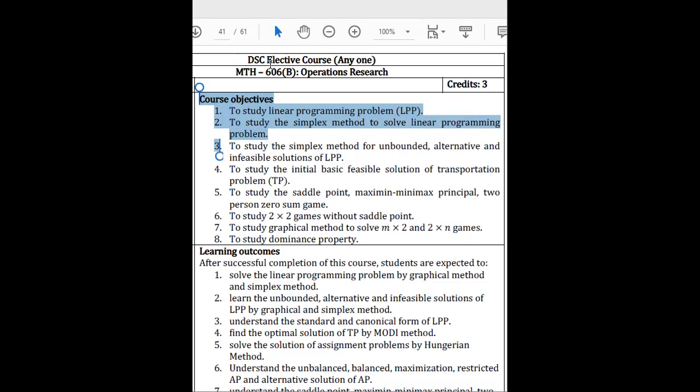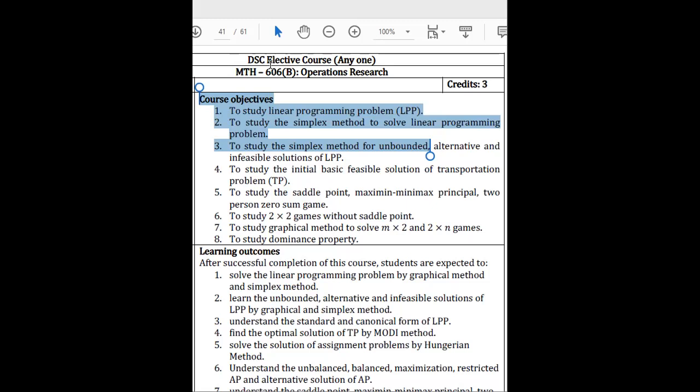Then we will see in simplex method, sometimes we will get unbounded solution. Unbounded means a variable x1 can take any value.